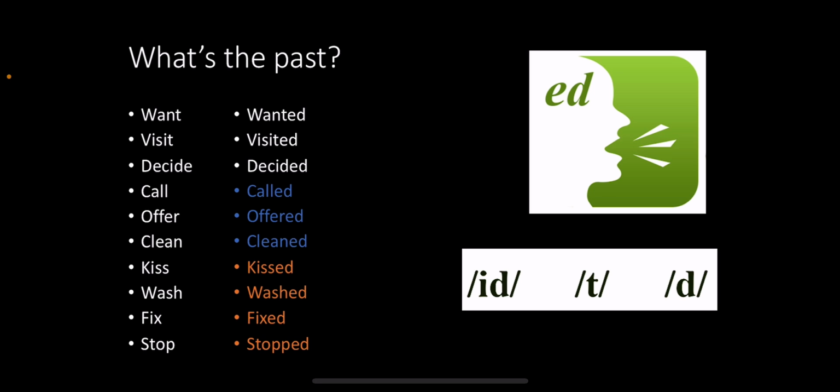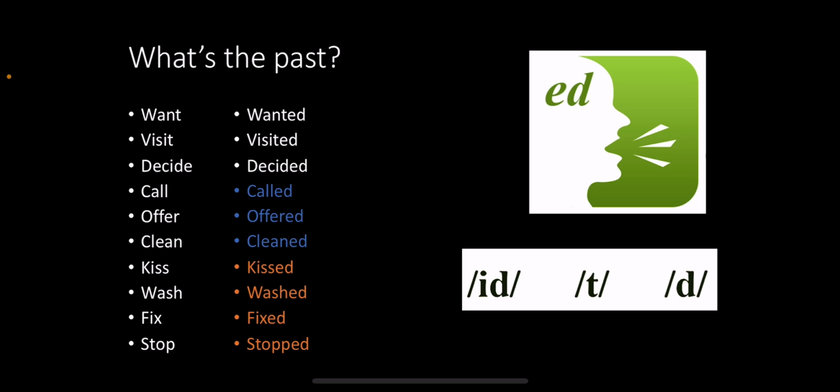Now, for the rest of the verbs, we need to analyze if we are using our vocal cords or not. Your vocal cords are the organ or the section of your body, in your throat and neck, that you use to produce sounds.